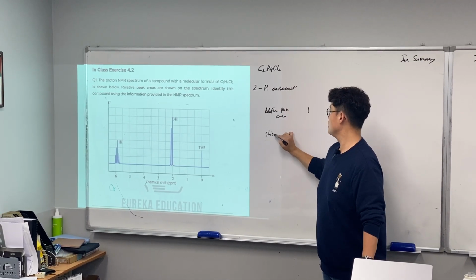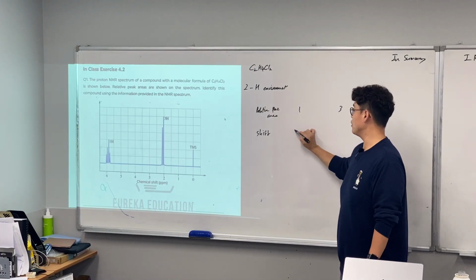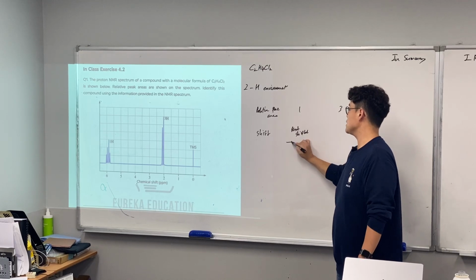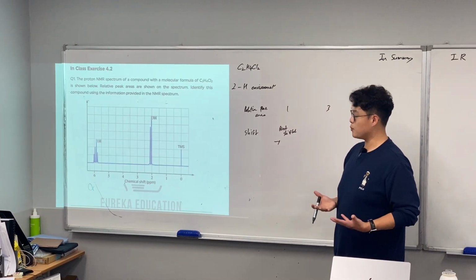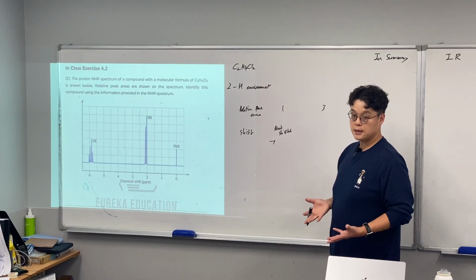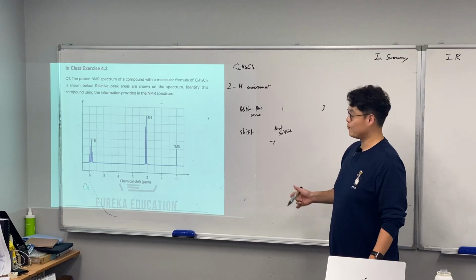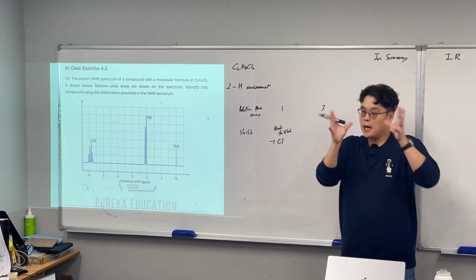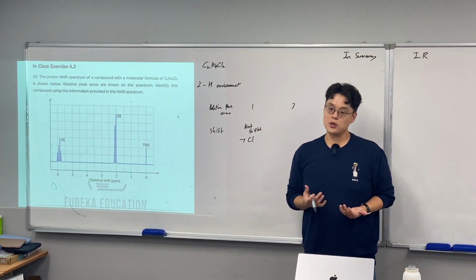The one with relative peak area 1 is the most shifted, which means this hydrogen must be living with the chlorines on its carbon. It could be 2 chlorines or 1 chlorine, we don't know.